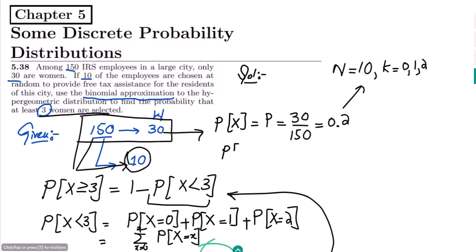So the probability that x is greater than or equal to 3 would be 1 minus the probability that x is less than or equal to 2.